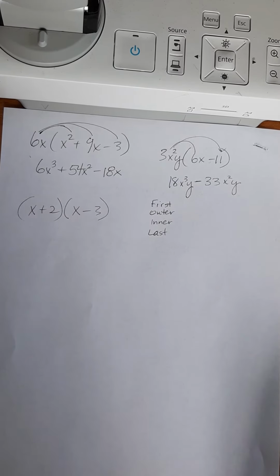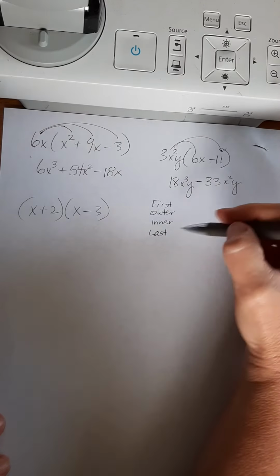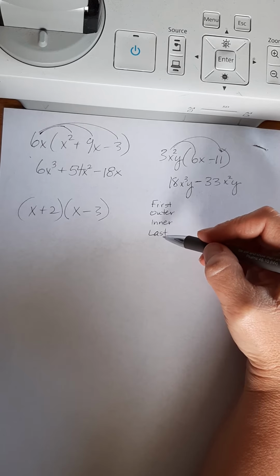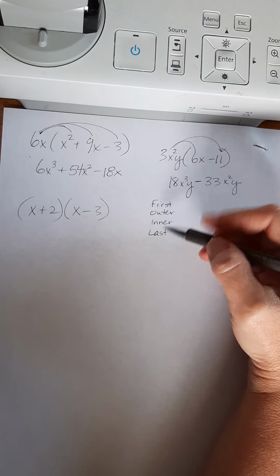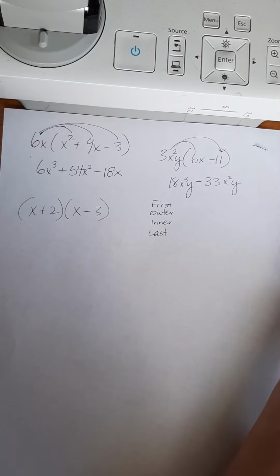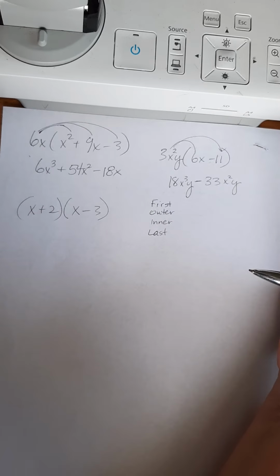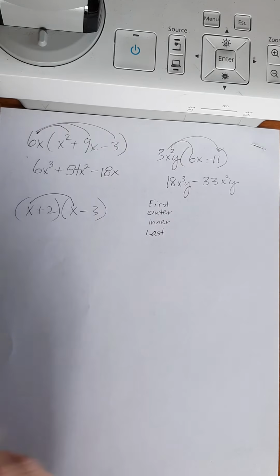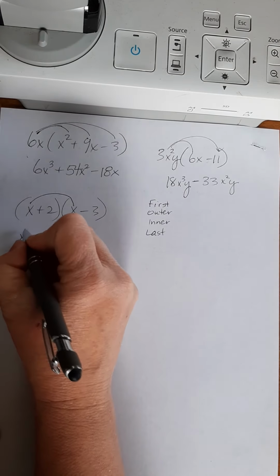So, first, outer, inner, last. You don't have to do it in this order. This just helps you not miss a term. Like I said, you don't have to do it, but it does give you a nice pattern for those that like patterns. So first terms, x times x, x squared.